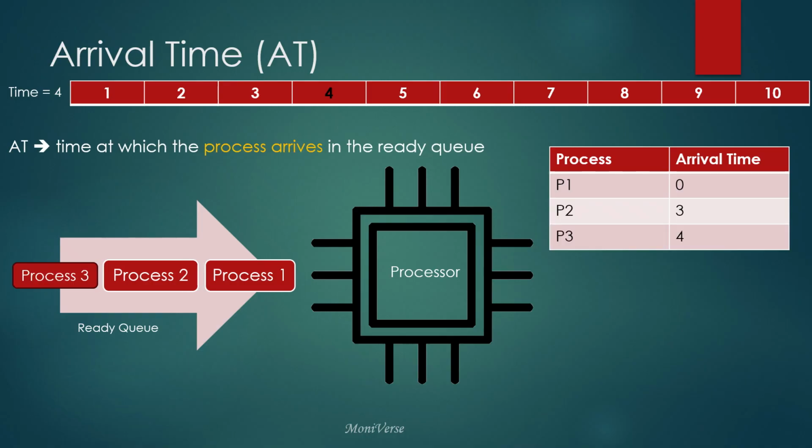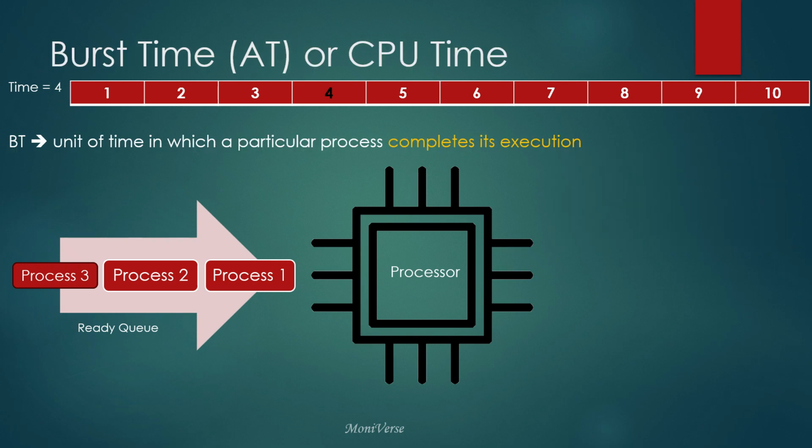Next, process 3 arrives at time 4. The time can be of any unit in the computer, so let us just keep the time as 0, 1, 2, 3 without specifying the unit. Process 3 has an arrival time of 4.